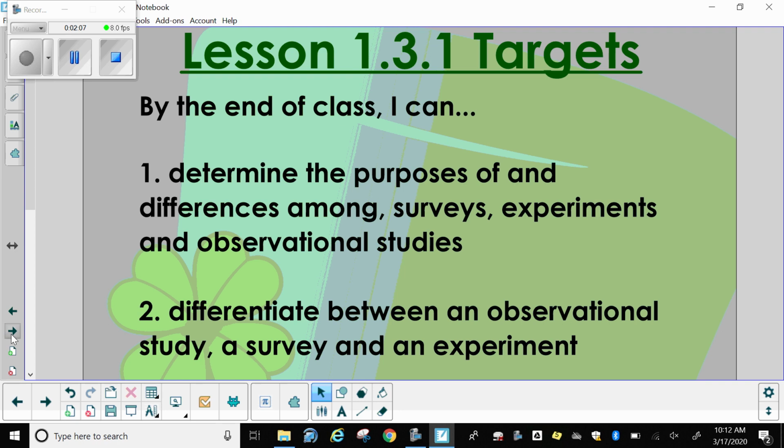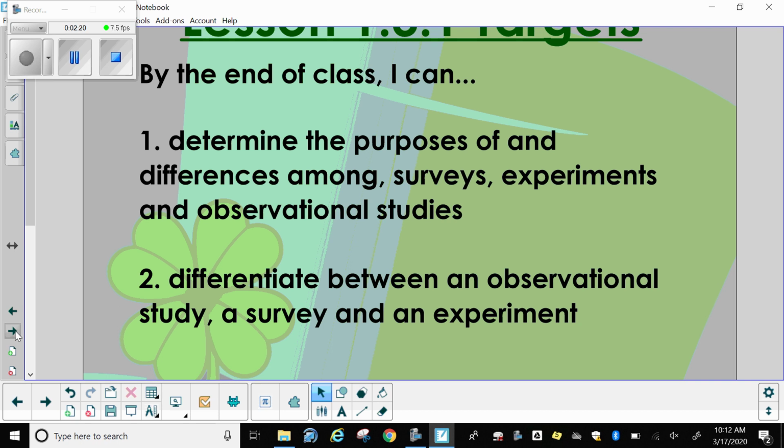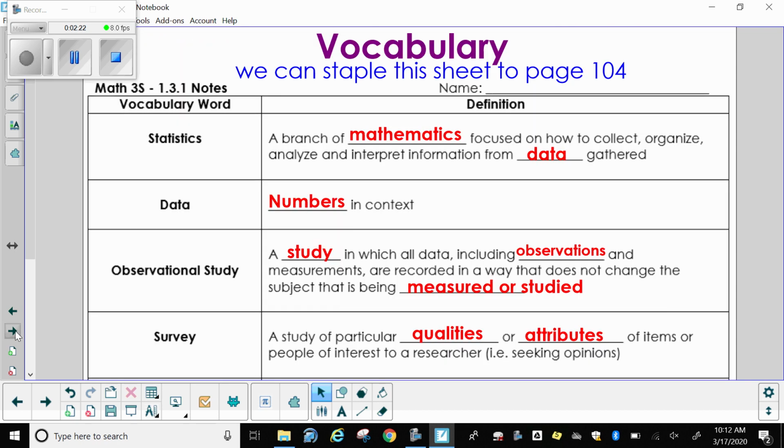All right, here's what I'd like to accomplish. Let's talk about what a survey is versus an experiment versus an observational study, and can we classify each and differentiate between them. If you were here on Friday, you got a bunch of handouts from me. I'm glad we were able to do that.